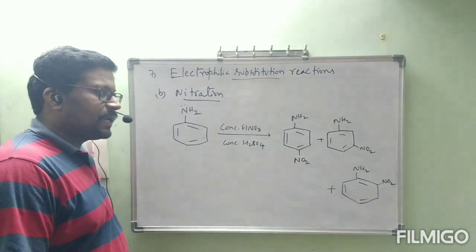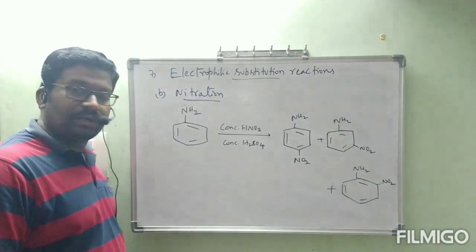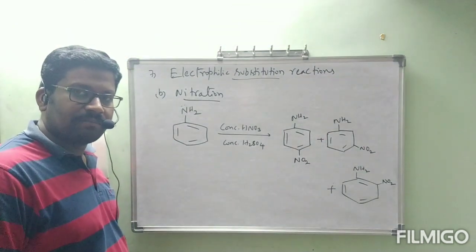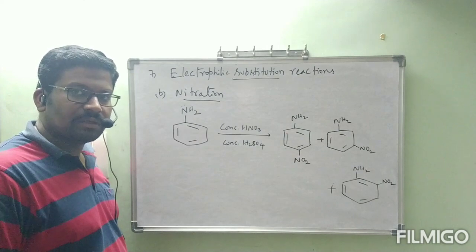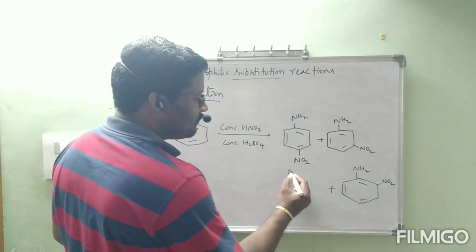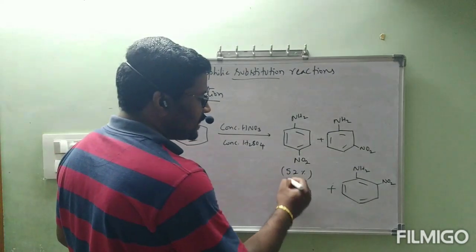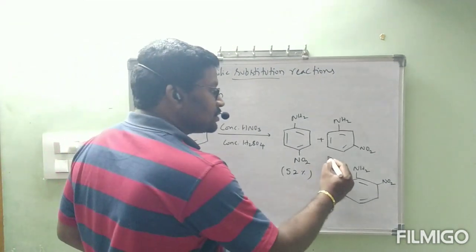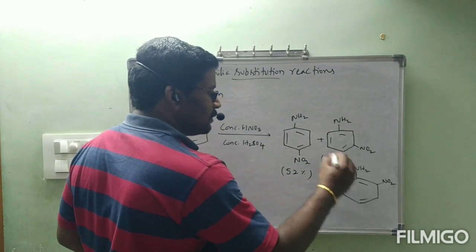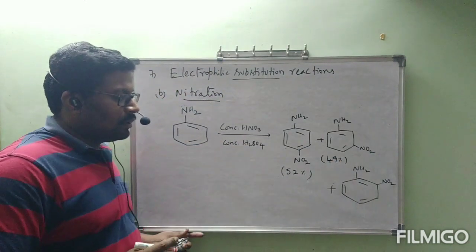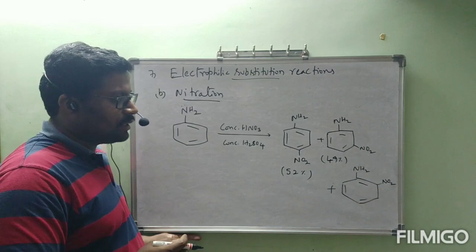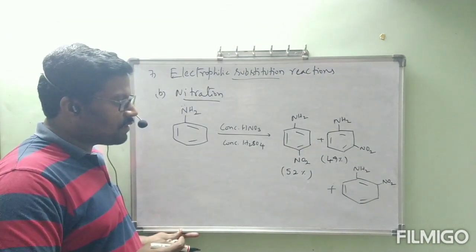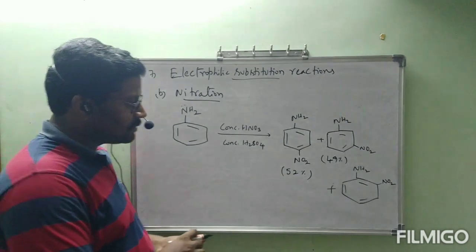But of the percentage of these compounds obtained, if you get 100 grams, almost 52% major product is para-nitroaniline. Almost 49% we are getting meta-nitroaniline. The remaining percentage is there, na? 50 to 49. Sorry.